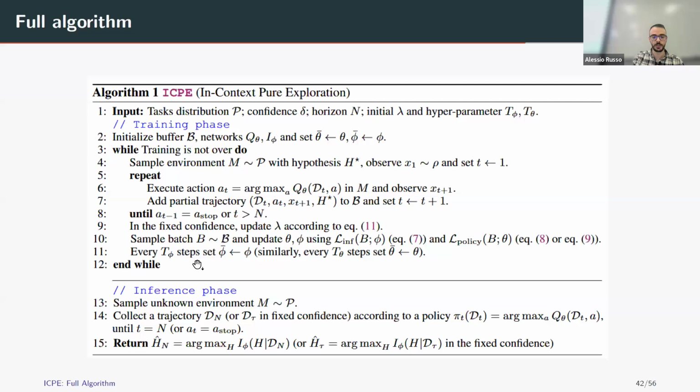Once we have trained these two models, we're just going to deploy these two models at inference time, use the policy to collect data, and then once the data is collected, make a guess of what is the optimal hypothesis using the inference model.